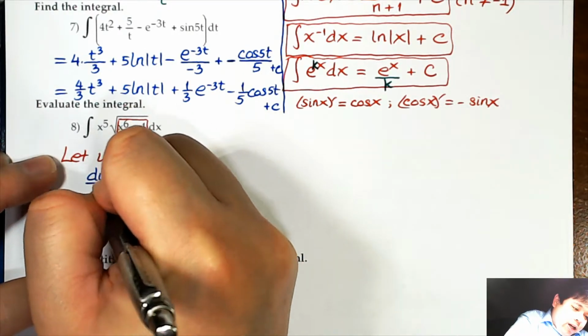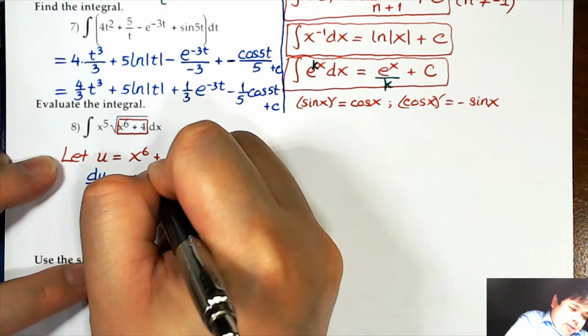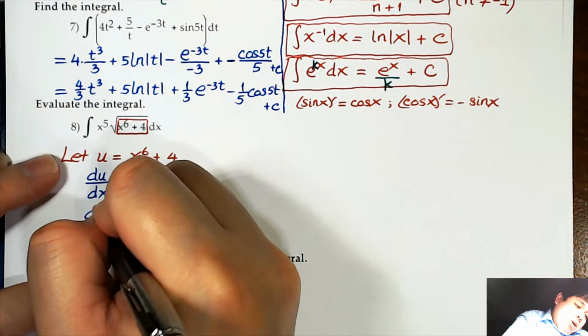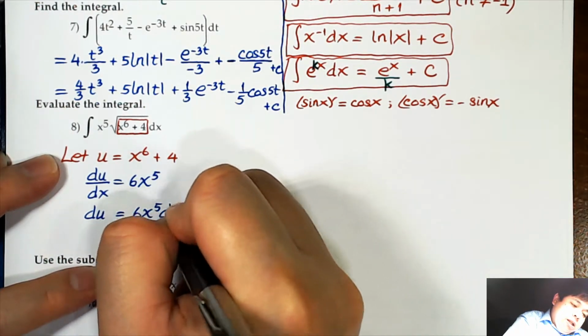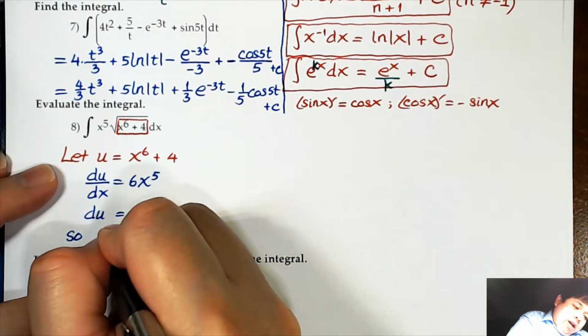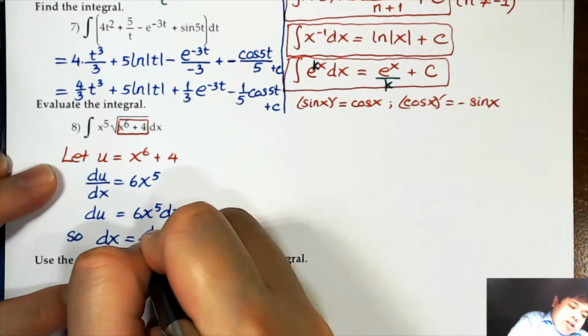Derivative with respect to x is equal to 6x to the 5th power. We can multiply: dx over du equals 6x to the 5th dx divided by 6x to the 5th. We have dx equal to du over 6x to the 5th.